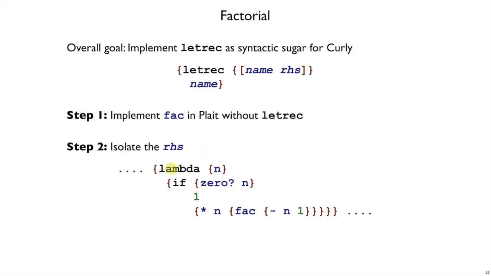That is, we isolate the part that we wanted to put on the right-hand side of letrec, which would look something like this, in curly notation, with the recursive reference to fac that is the troublesome part here. But if we can isolate this, then we can have a parse transformation that picks up this right-hand side and drops it in the right place in our encoding and gives us recursion out of it.